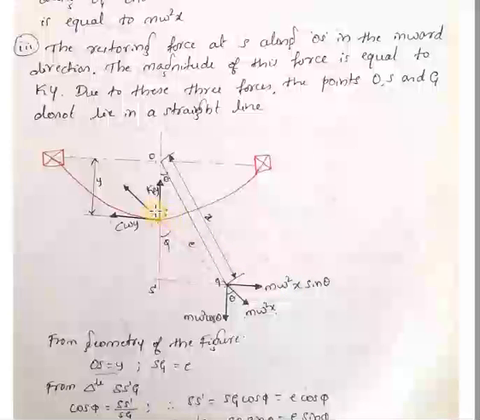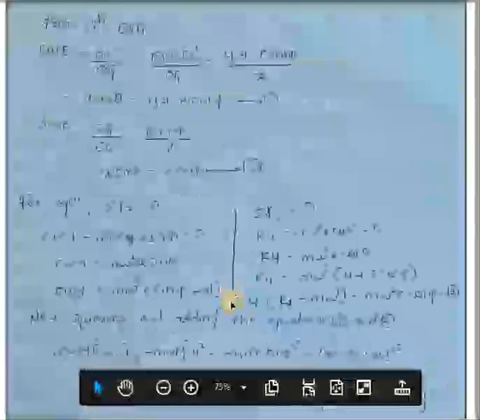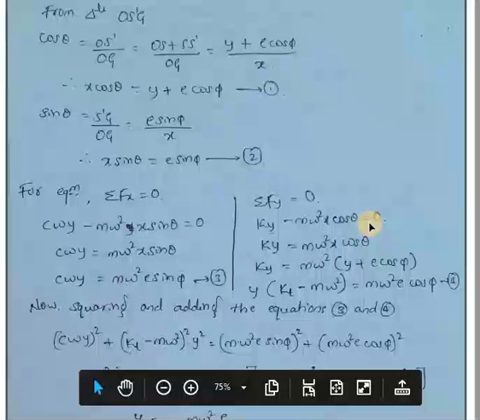Similarly, in the y direction, k y is in the upward direction, and m omega square x cos theta is in the downward direction.